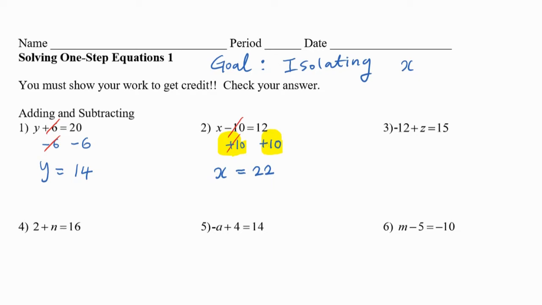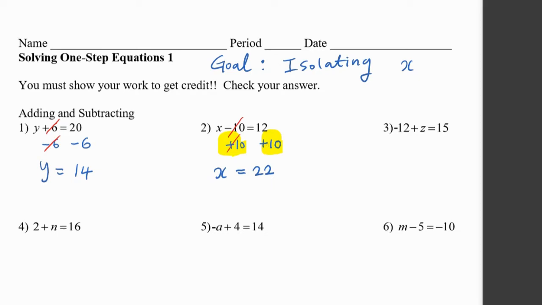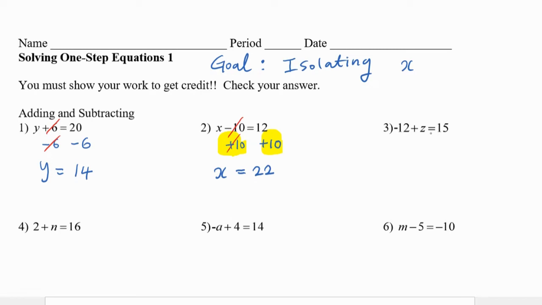Okay, next question. I have minus 12 plus z equals 15. So what's our goal? That is to isolate z. And look at this number, negative 12. What's the opposite of negative 12? That is positive 12.